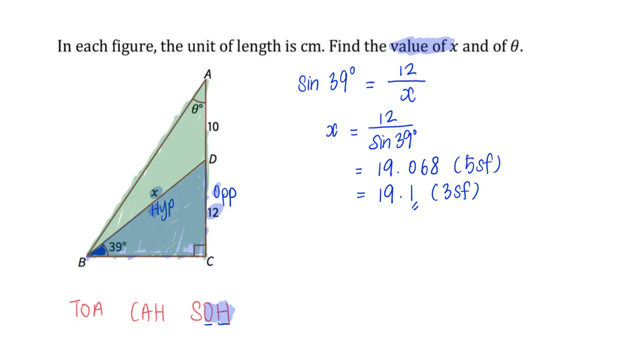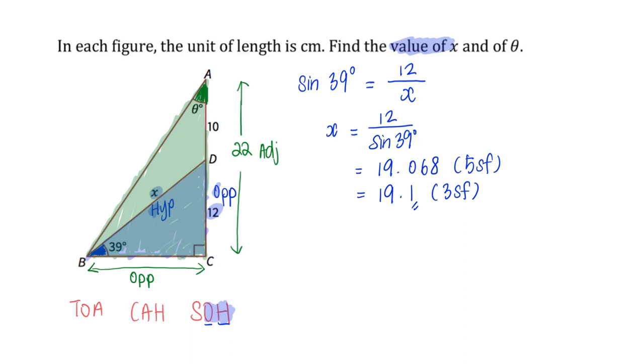With respect to this angle theta, I would have 10 plus 12, 22 cm, and I realized that I will need the value of BC, so that with respect to this angle theta, this is my adjacent side and this is my opposite side.